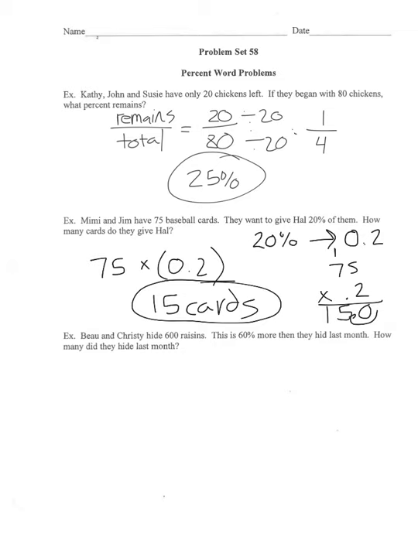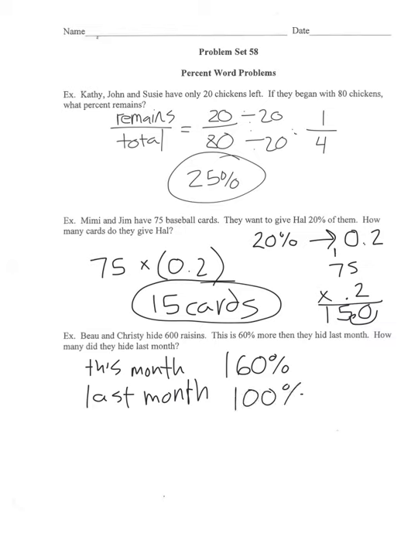Well, we can kind of go back to our proportion idea. I like to think about first the percentages that we're comparing. Now this month was up to 160%. Last month was at 100%. And then we had our totals.